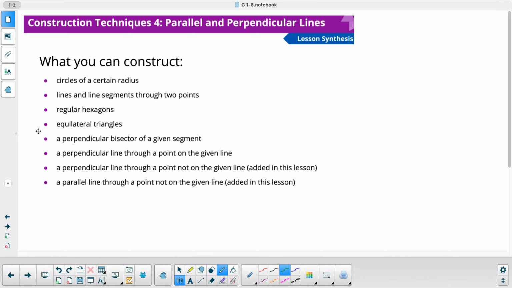We did that earlier in one of the earlier lessons. Perpendicular bisector of a given segment. Perpendicular line through a point on a given line. So this was the last lesson. And then these two were today. Perpendicular line through a point not on the line, and a parallel line through a point not on the given line. So there we go, added this lesson.